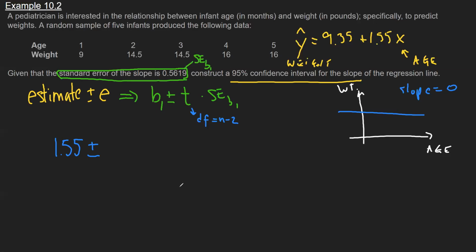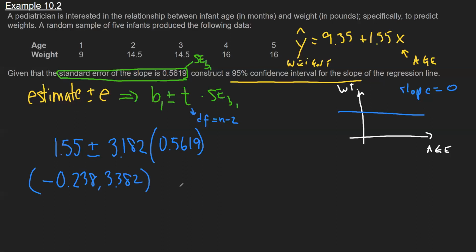And then I just look it up on my table here, and using the t-table, we get 3.182. And then the last part, the standard error of the slope. And for this class, again, this will be given to you. And that's it. And so now if I do my addition and subtraction, I will get the endpoints, which look to be negative 0.238, all the way up to 3.382.